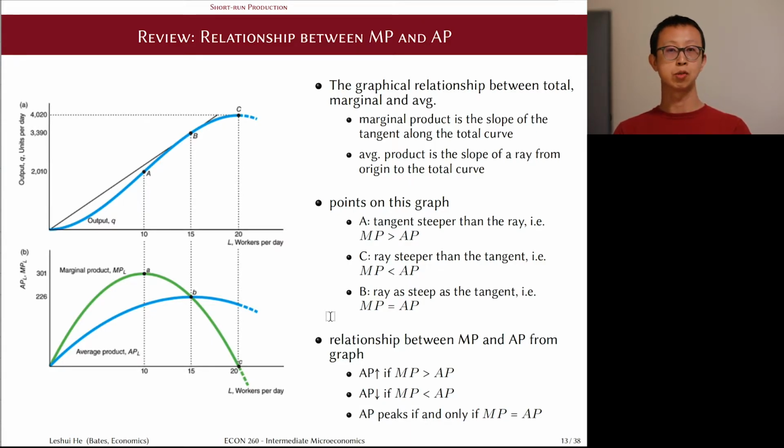The pattern is not restricted to the graph we draw here, or restricted to the product of labor. The pattern is that the average increases whenever the marginal is higher than average, and decreases whenever the marginal is lower. So it must be the case that the average will reach its peak or trough when the marginal is equal to the average.